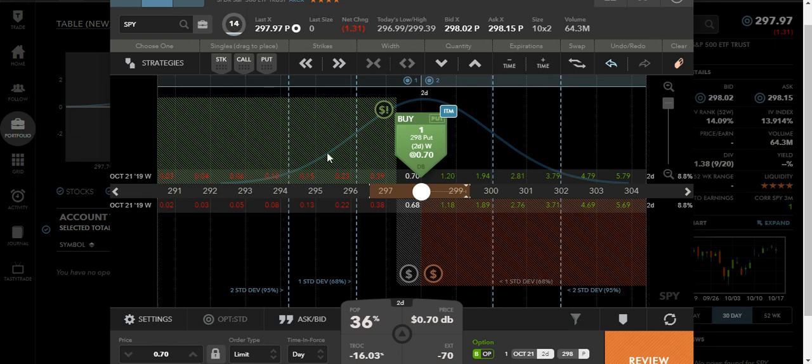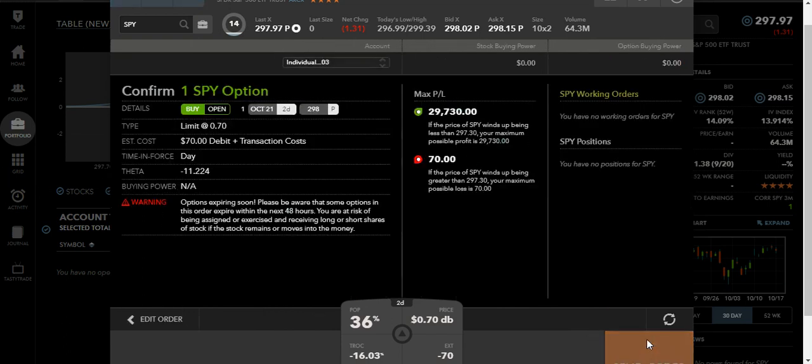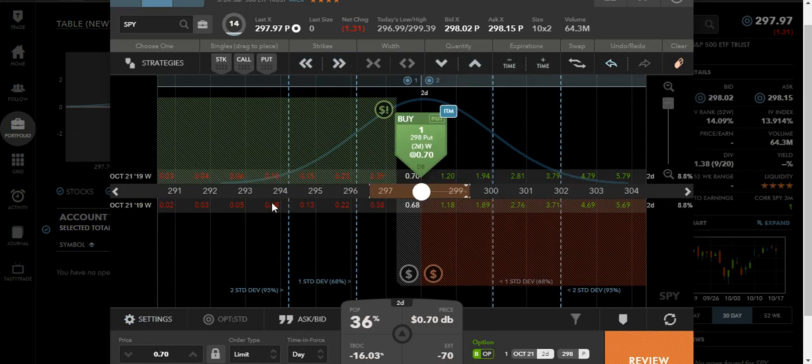Now the only benefit to buying calls and buying puts is there's no cap to your potential profits. So if this stock goes all the way to zero, you're going to make money all the way to zero. As you can see here, max profit on this is $30,000. But in order for you to get that $30,000, this stock would have to literally go to zero.